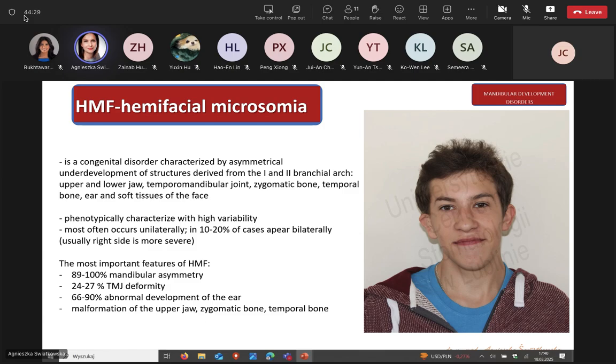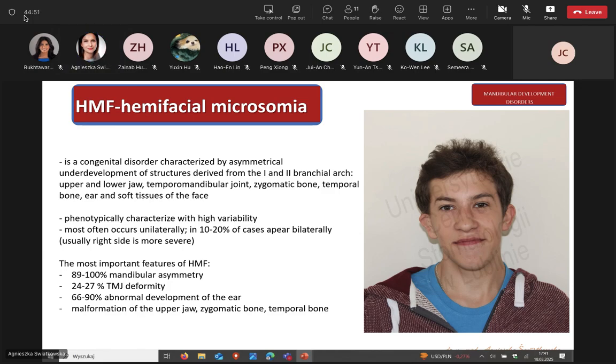Most problems occur unilaterally, but in 12% of cases they appear bilaterally, though more often unilateral. So if you look at this patient, you see bigger asymmetry on one side of the face.